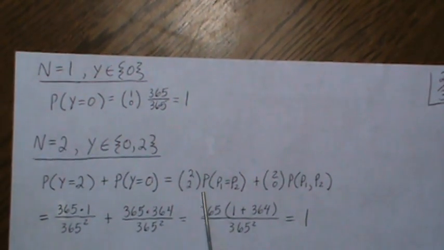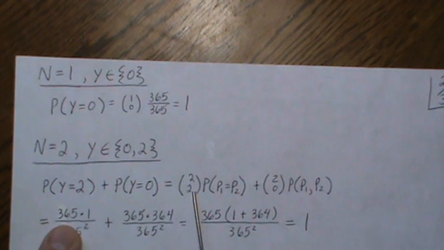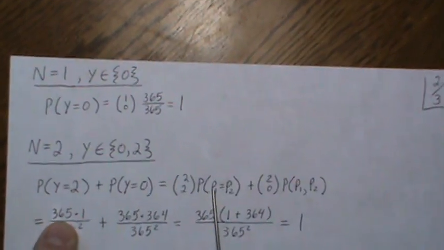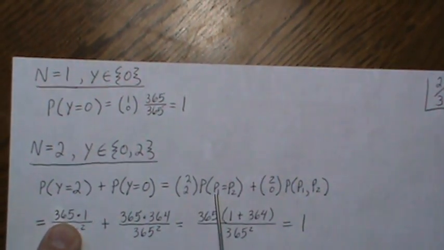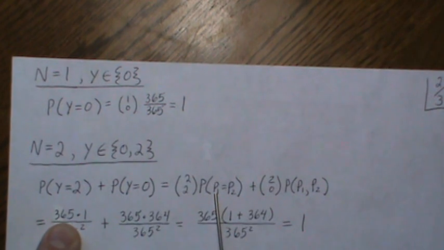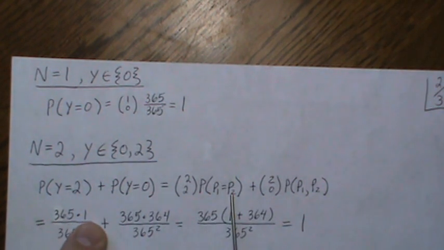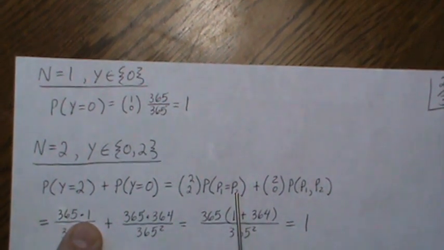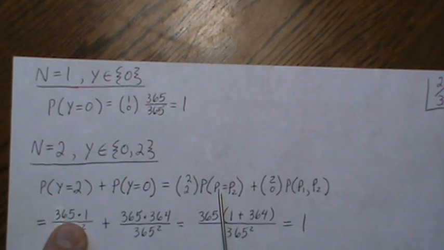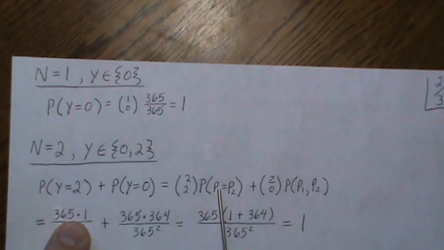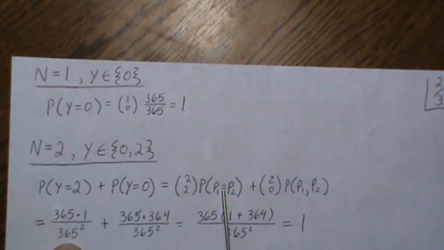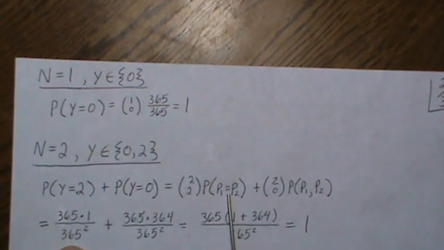So here, 2 choose 2 is 1. Now this first person has 365 days that they can be. And this person, after this one is chosen, they only have 1 day that they can be because they have to be the same. So this is the number of ways this can happen out of 365 squared because there's 2 people.